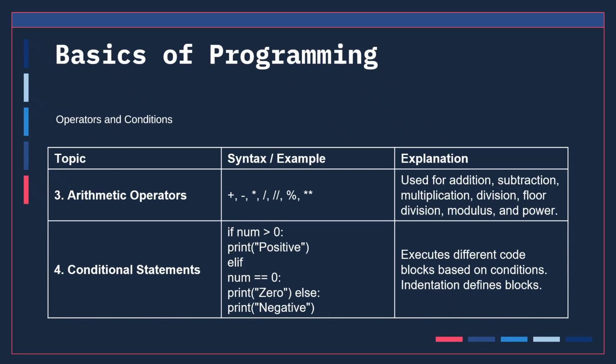If the number is double equal to 0, print zero. Else, print negative. That's it. It's very simple, right? It executes different code blocks based on the conditions. You just mention the values and print the value. If the value is not satisfied, you go to the next condition, and if that condition is not satisfied, it goes to another condition. It will also be very easy if you practice it well.